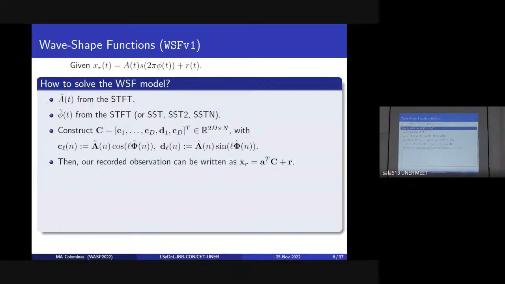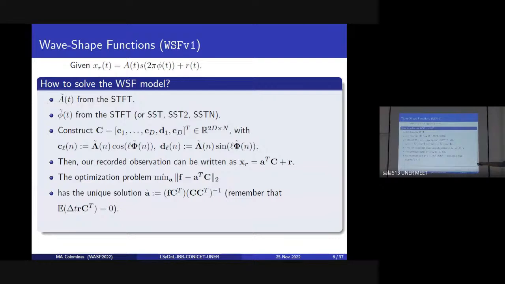And then, if we consider our observation written as certain coefficients times this matrix plus some residue, which we can assume is not correlated with the information of the signal, then we can solve this optimization problem in a classical way, where we have these normal equations that will give us the coefficients A, provided the residue and these rows are not correlated.